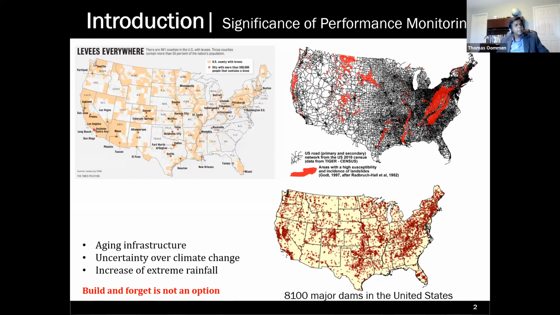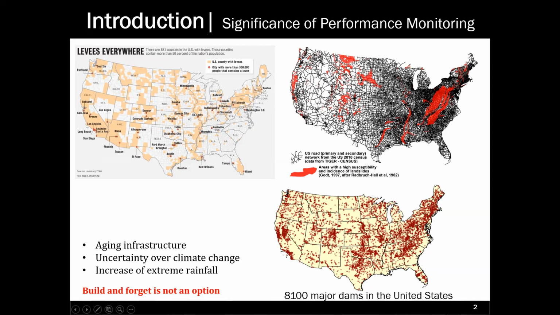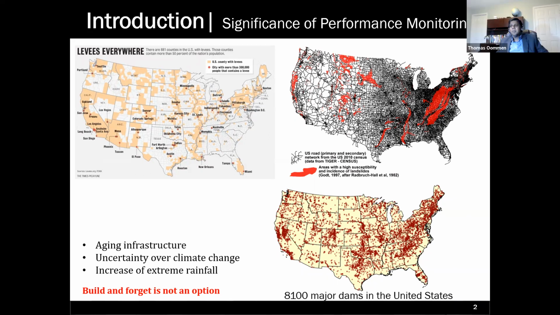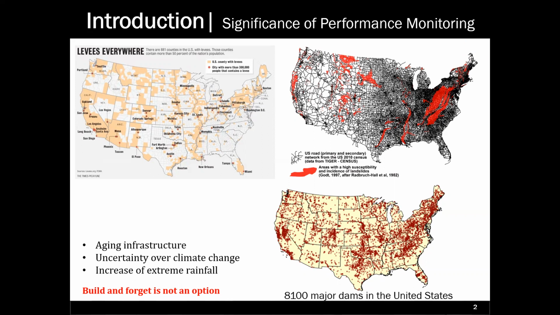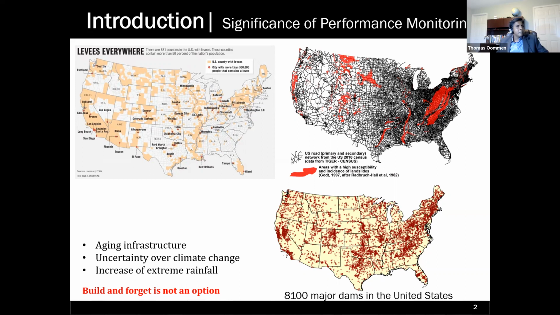So here in this slide, let me show you the significance of the work that we are doing. You can see in this slide that on the left top corner is the map of the levees in the US. And on the right top corner, you have the road network. The black lines represent the road network.